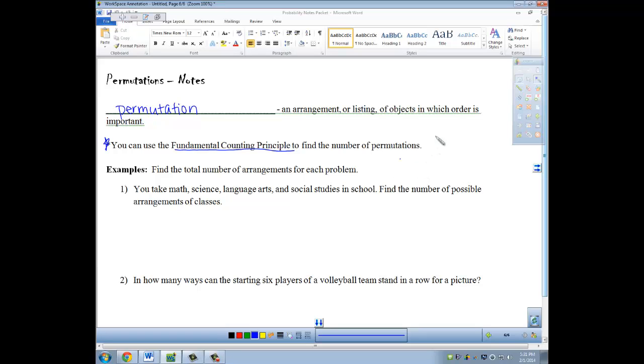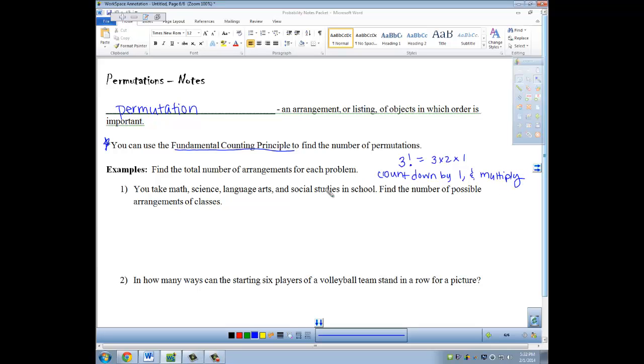When order matters, so in dealing with permutations, it's going to be something like 3 with an exclamation mark. This means that we're going to do 3 times 2 times 1. So when dealing with permutations, when order matters, we're going to count down by 1 and multiply.